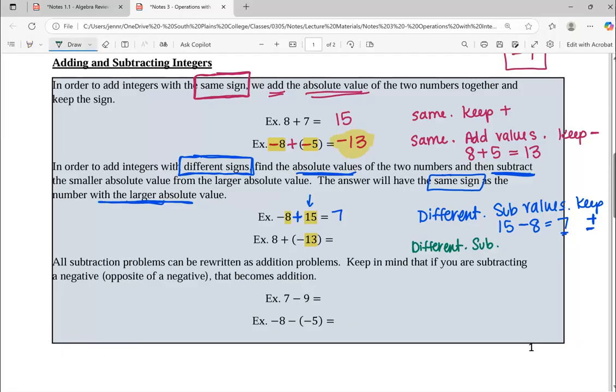I have a 13, the bigger one, and I have an 8, the smaller one. 13 minus 8 is 5, so that's the physical value, the absolute value. But in terms of my sign, I keep the sign of the bigger number. In this case, 13 was bigger. Since it's negative, I need to keep the negative sign.